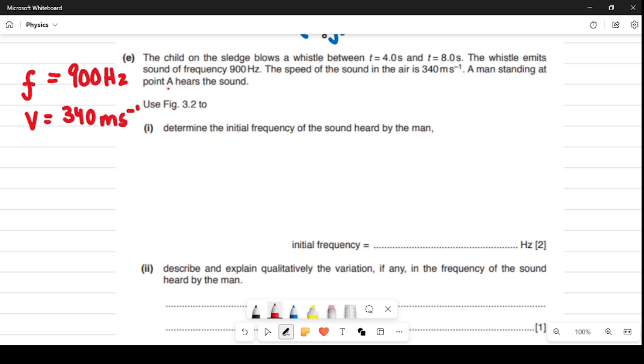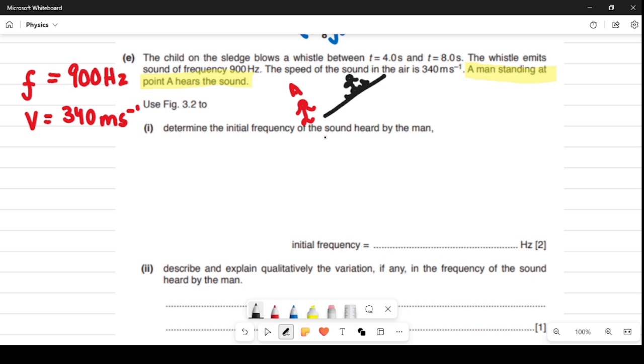A man standing at point A hears the sound. That is why I wanted to figure out whether the journey was from A to B or from B back to A. He is saying the person is standing at A, seeing this child using the sledge to go up the slope. This is your sledge and child, and he's going up the slope.